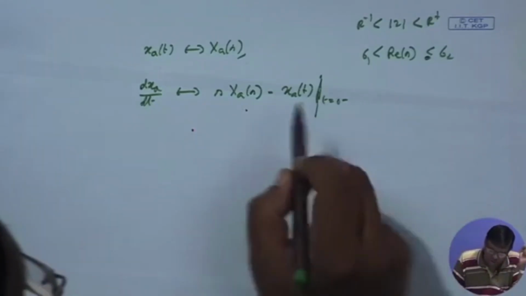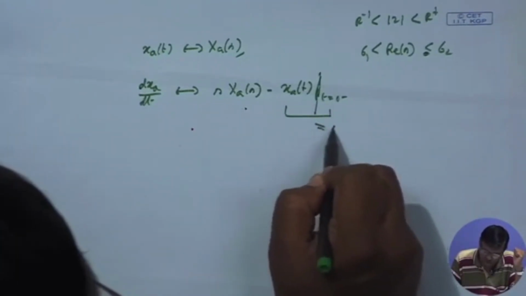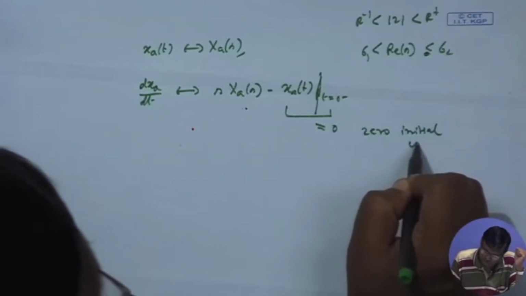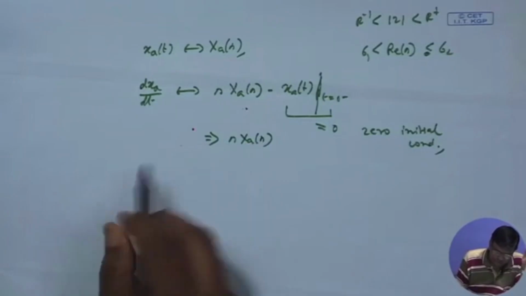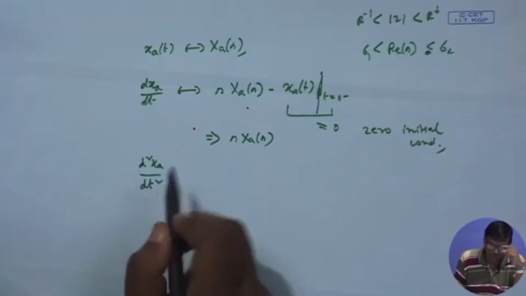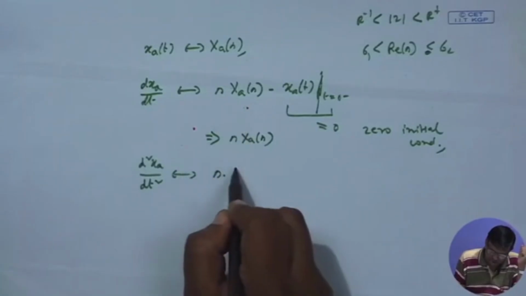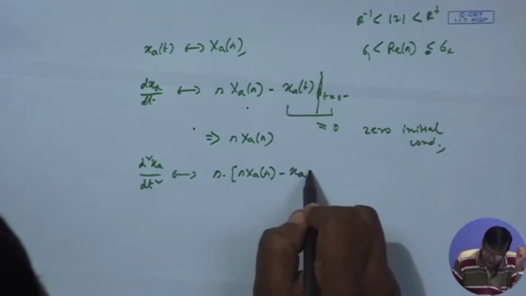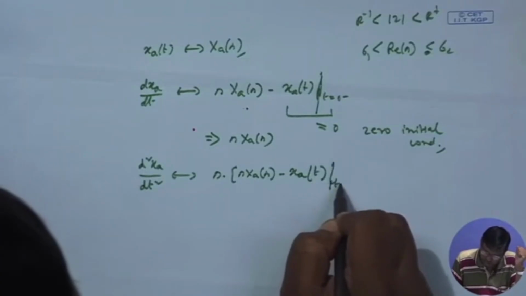Now, if we assume zero initial condition, then this is equal to just s X_a(s). Then d squared x_a/dt squared. This is d/dt of this one. So, it will be s times (s X_a(s) minus that at t equal to 0 minus).